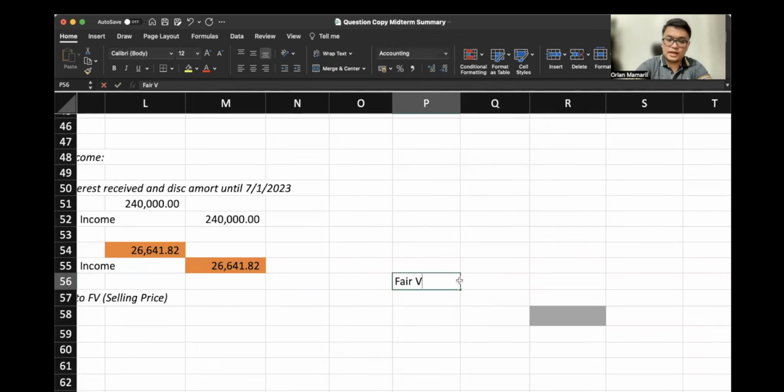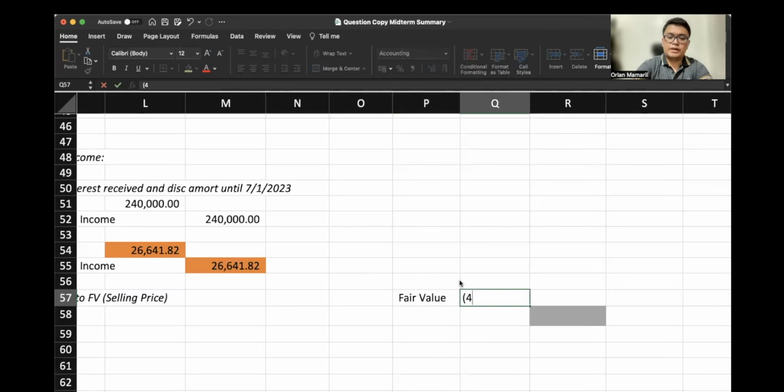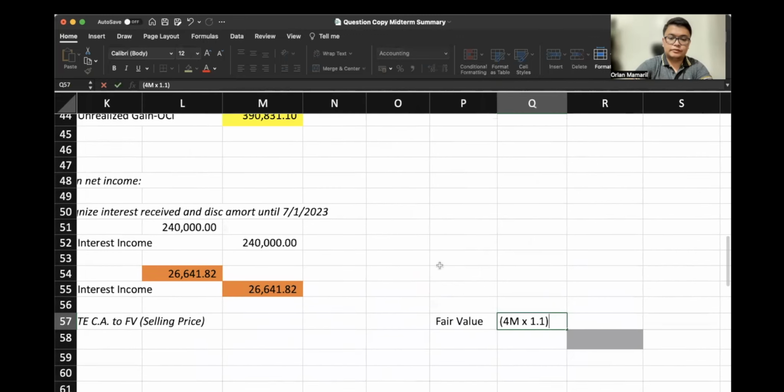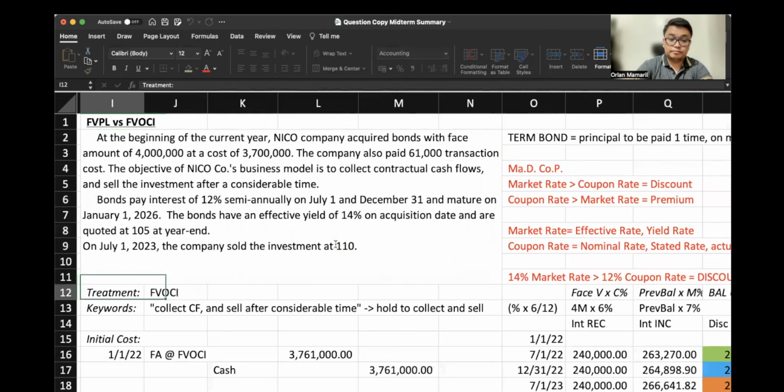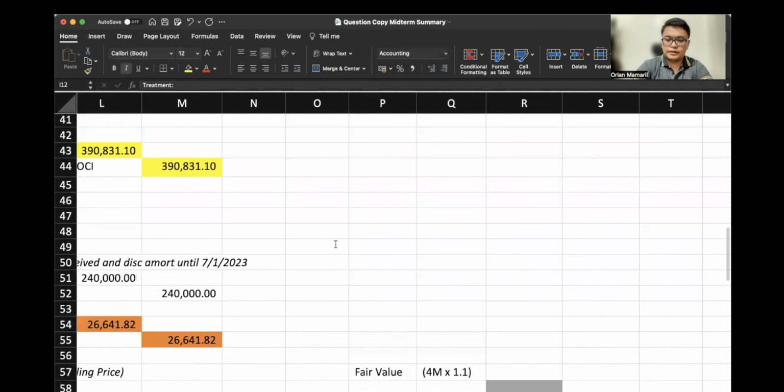So our fair value would be the selling price on the date of sale, that is 4 million multiplied by 1.1. Again, just a recap, here it is, right? 110.